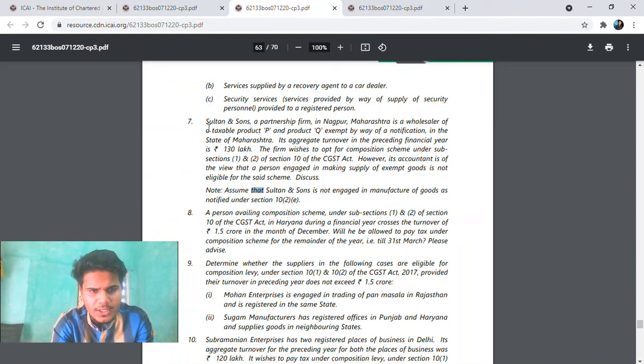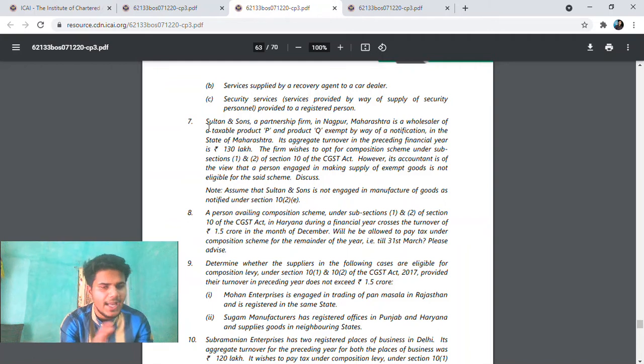No issue. So look, in this question we have to check whether Sultan and Sons is eligible for the composite scheme or not. We are given some information: Sultan and Sons is a wholesale dealer of Maharashtra, doing business in the state of Maharashtra.